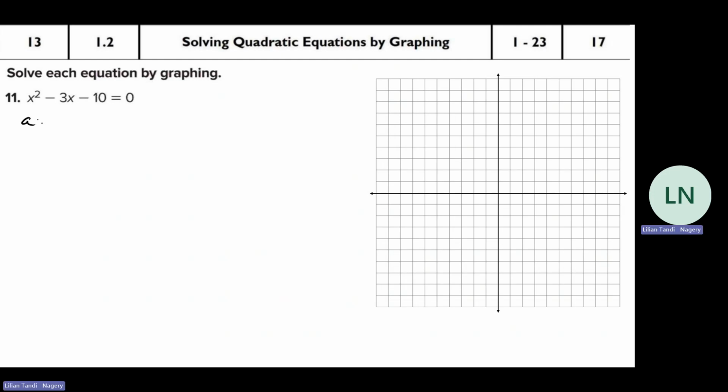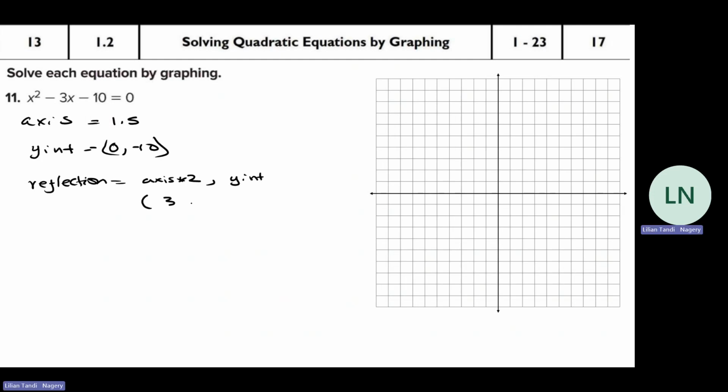So here my axis was 1.5. My y-intercept was 0, -10. My reflection is axis times 2 and y-intercept.